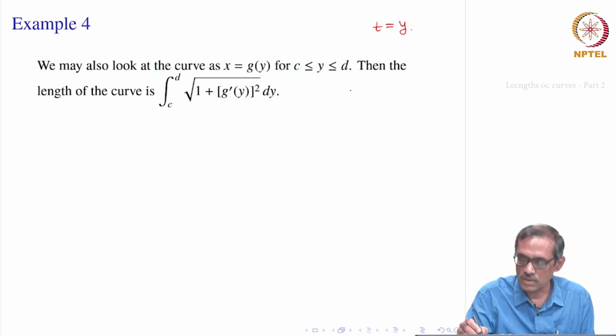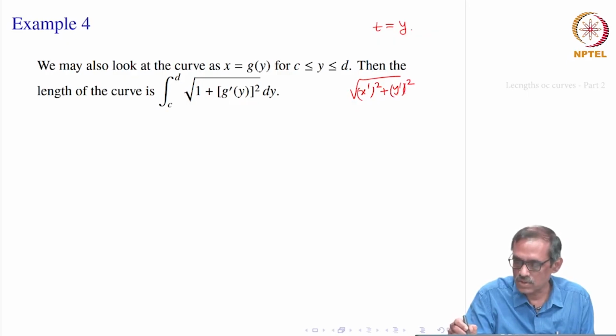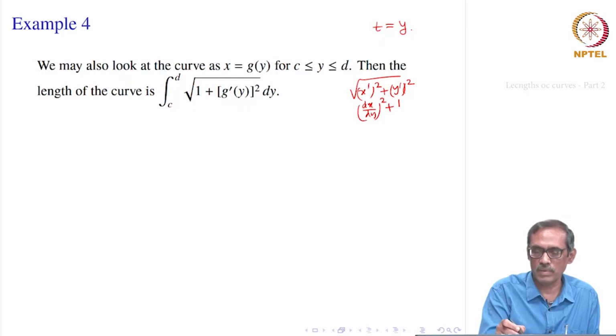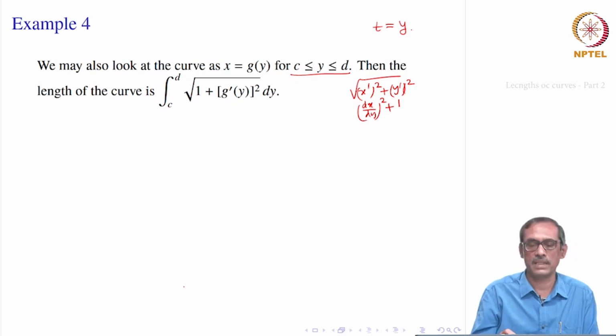In that case, your square root of x prime square, where prime is with respect to t, plus y prime square. Now y is t itself, so this becomes 1, and x is a function of t, which is y. So, this will be dx by dy square. That is how the formula will be the integral with limits of y, which is set c to d, of the square root of 1 plus g prime y square dy. That will be the length of the curve.